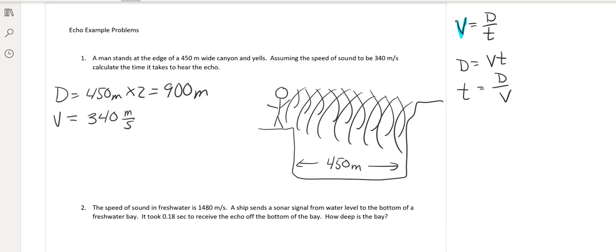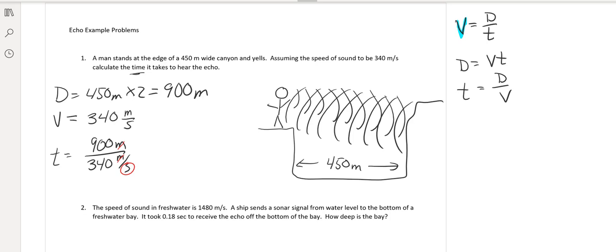And therefore, what we are after is we want to calculate the time. So the time is going to be 900 meters divided by 340 meters per second. You'll notice that the meters in the numerator cancel the meters in the denominator, leaving seconds.